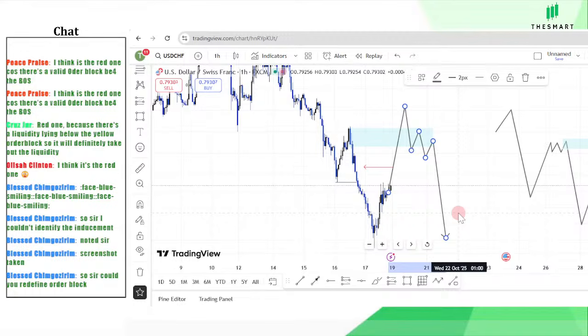Because the institutions don't want retail traders to make a lot of profits. They want to control the market, so they will manipulate the market against you for their own benefit. So that's why we said we want to see inducement before this order block, before we take this order block. Without inducement, I'm not taking this order block.